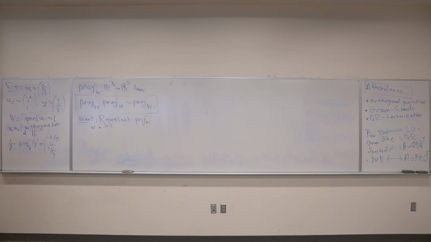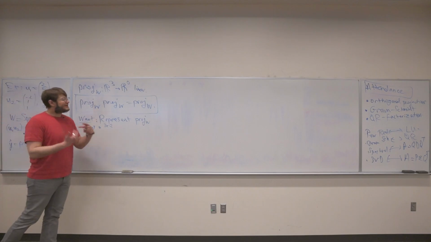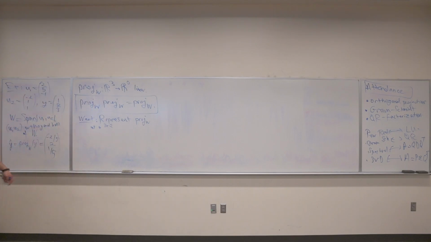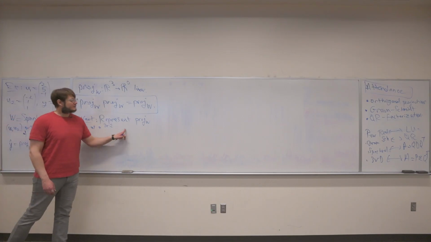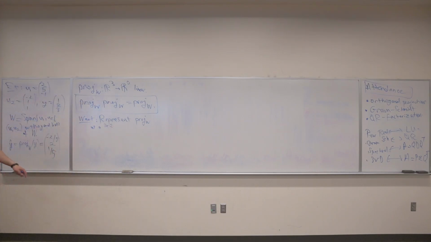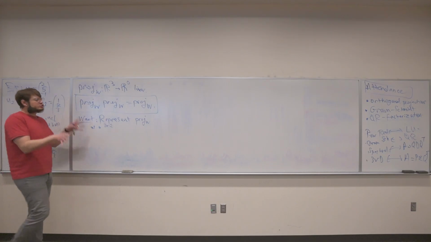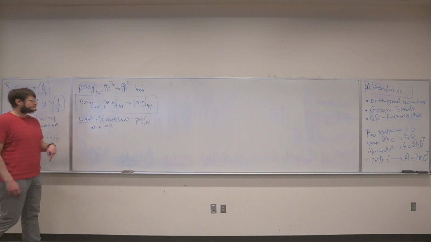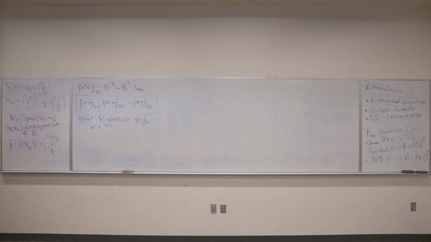You see, it's also good to be comfortable with this idea of thinking of a linear transformation as a transformation itself, not necessarily as a 3 by 3. In this case, we don't quite have, at least at this stage, an expression for proj sub w as a specific 3 by 3. But in principle, there should be one. Right? So what was the formula?